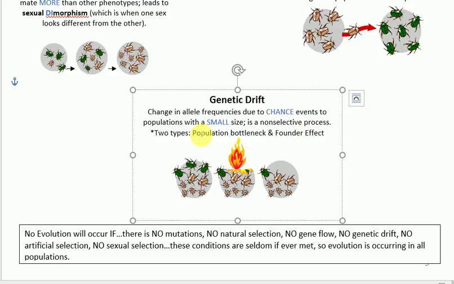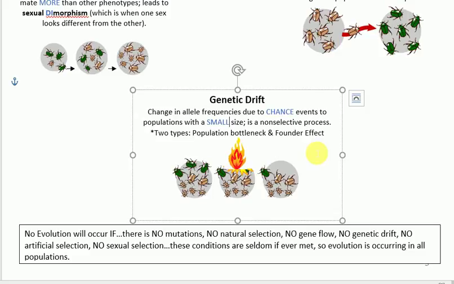So in this process here, it shows how non-selective it is. Basically, we started out with 3 of these with green, and because of a fire, we end up with now 1. So there are 2 types that you should be familiar with. There's population bottleneck and the founder effects.